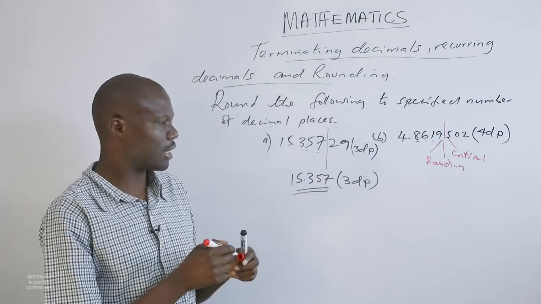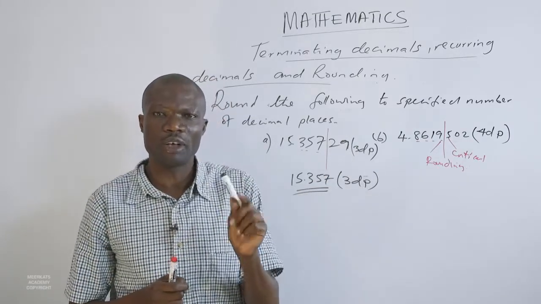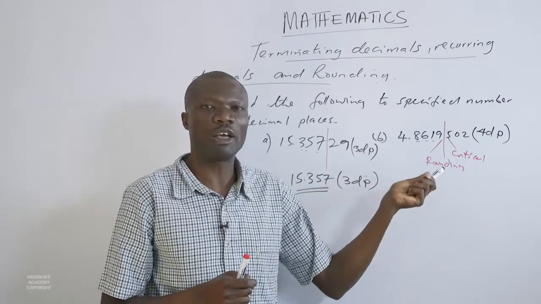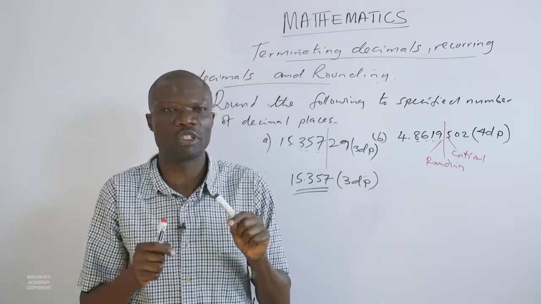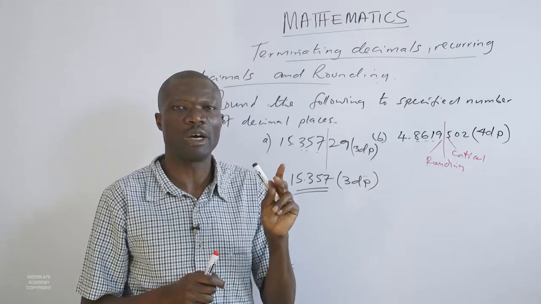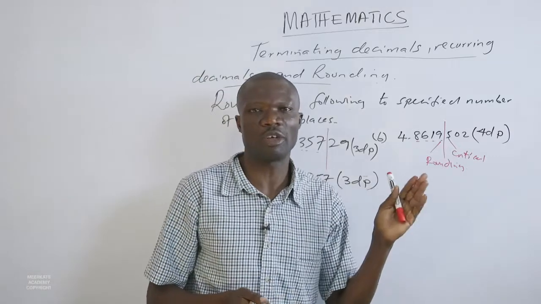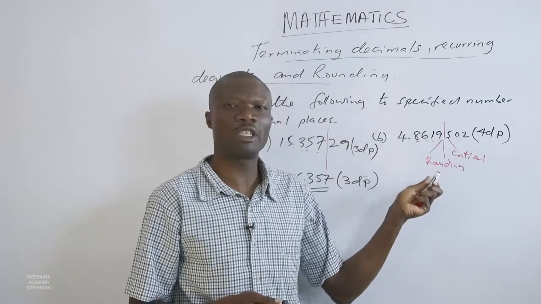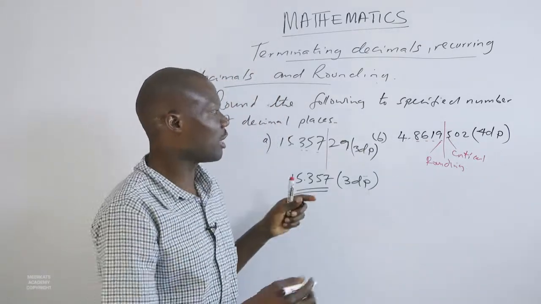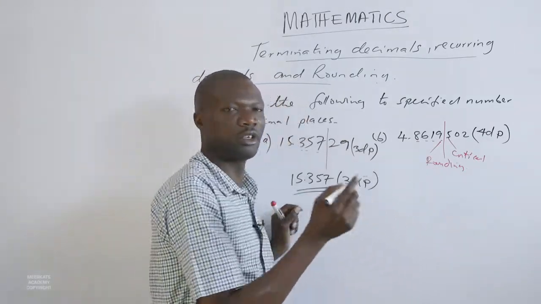So we look at the critical digit. Is it greater than 5 or less than 5? Remember, if the critical digit is 5 and above, where 5 is inclusive, then the rounding digit will be increased by 1. For this case, the critical digit is 5 and above. Therefore, the rounding digit will be increased by 1. So we shall have 9 increased by 1, and 9 plus 1 is 10, which will give us a 0.